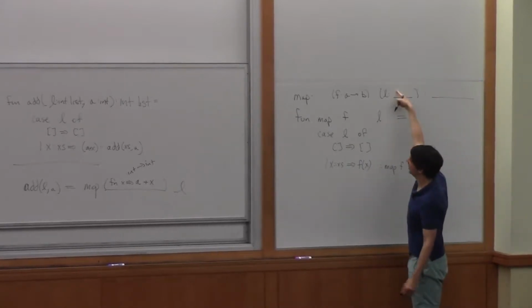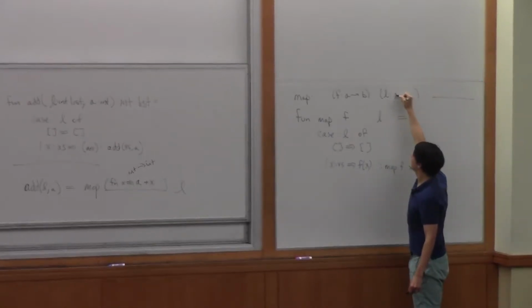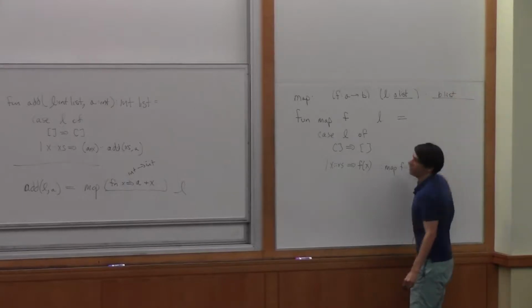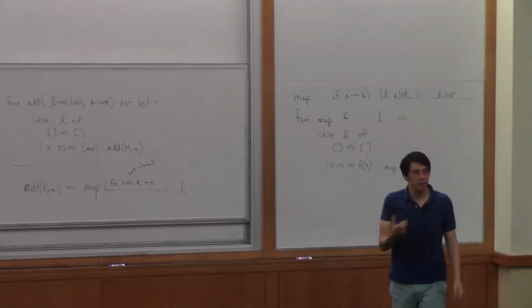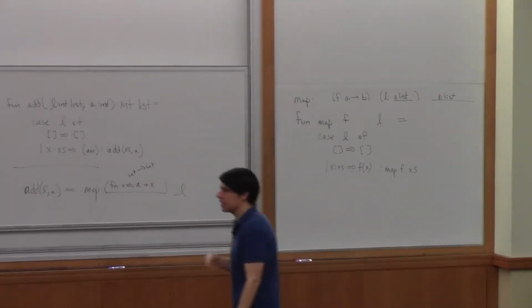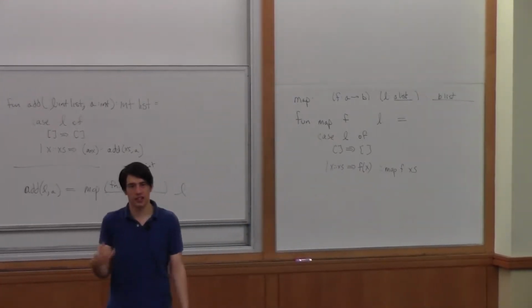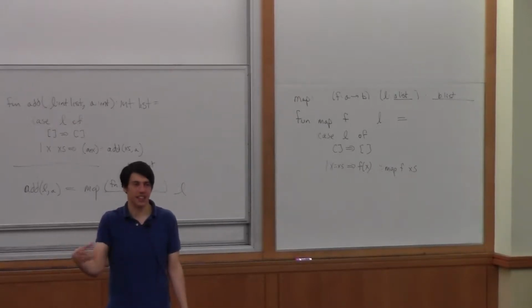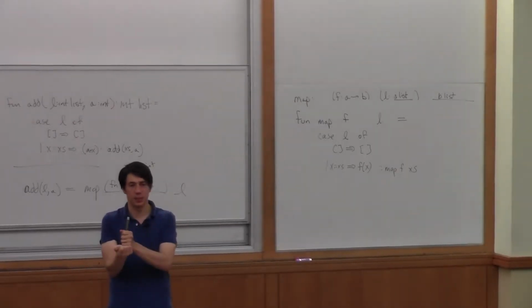So what should I write there? A list. And what should I write there? B list. Okay? So if you give map a way to transform an int to a string, and then you give it an int list, it gives you back a string list. If you give it a way to transform an int to a string and you give it a string list, then it doesn't apply to an int, give you back an int list, right? There's coordination between the types involved.